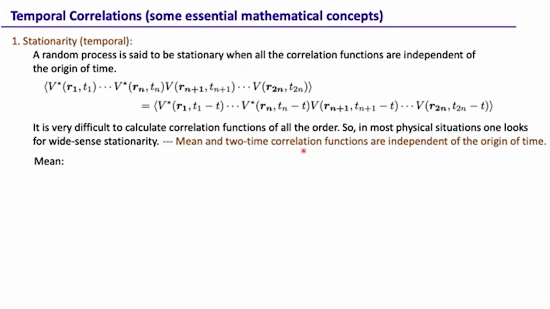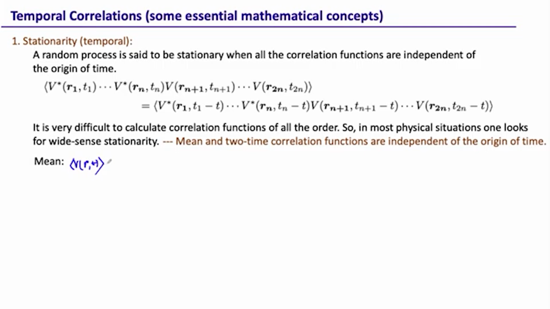Okay, so more precisely, how do we do the mean? So the mean is V of r at time t, and we take this ensemble average, that's the mean.